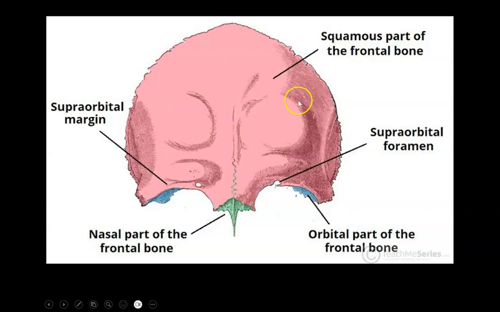So 1 squamous part, 2 orbital plates, 2 zygomatic processes articulating with the zygomatic bone, and 1 nasal. So 1 squamous, 1 nasal, 2 orbital, and 2 zygomatic.